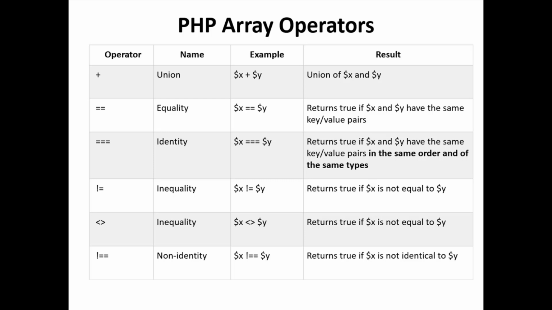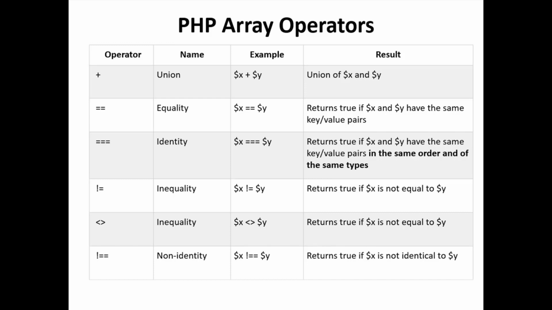Identity is represented by three equals signs. It returns true if $x and $y have the same key value pairs in the same order and of the same types. Identical and identity are the same operators. If we use it with arrays, it is the identity operator; if we use it with variables, it is the identical operator. The name depends on where you are using that particular variable.